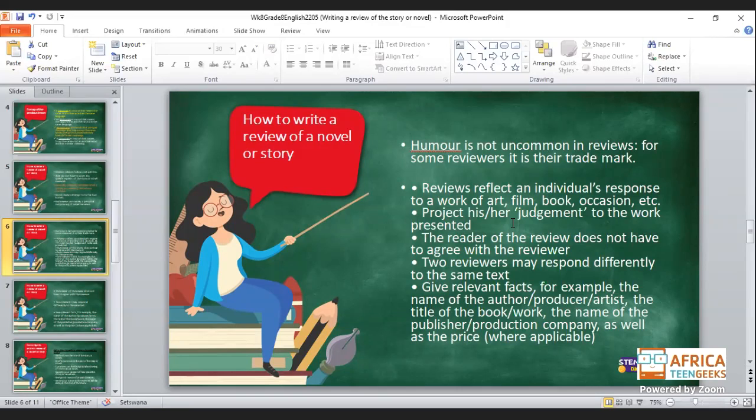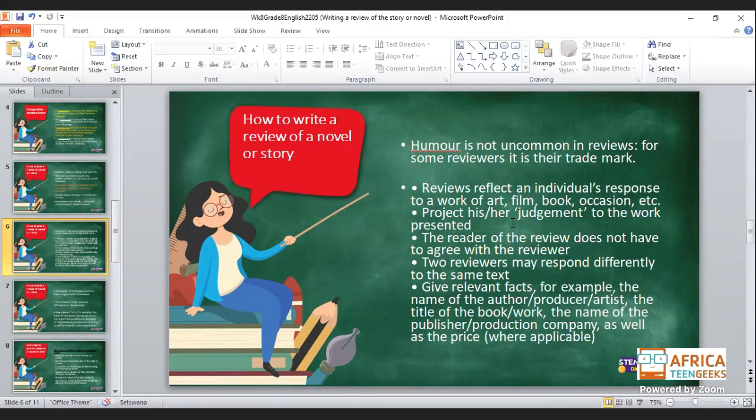Not everybody will agree with what you are writing there, because there may be a novel, let us say it is called The Adventures of Dr. X. You may love that novel because you are a big fan of Dr. X. You review it, you give it a 10 out of 10, and you give the reasons why. But you will find that there is another person who may review the same novel and give it a 1 out of 10, saying, this book is a waste of ink, a waste of paper, we should be saving the environment instead of printing such books.